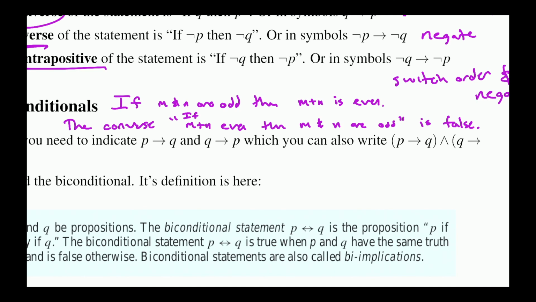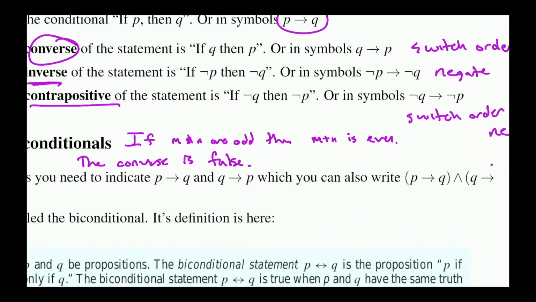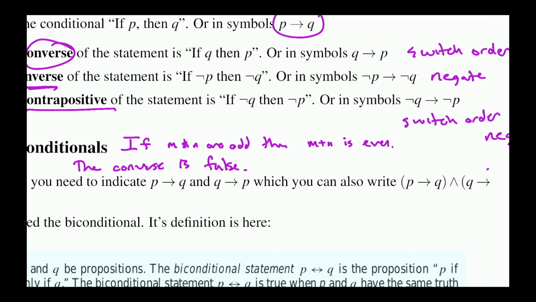I had to write that out for you, but I didn't have to. I could have just said the converse is false, and you would have to know what that meant: the converse is switching the order, but nothing else, not negating anything. It's false.